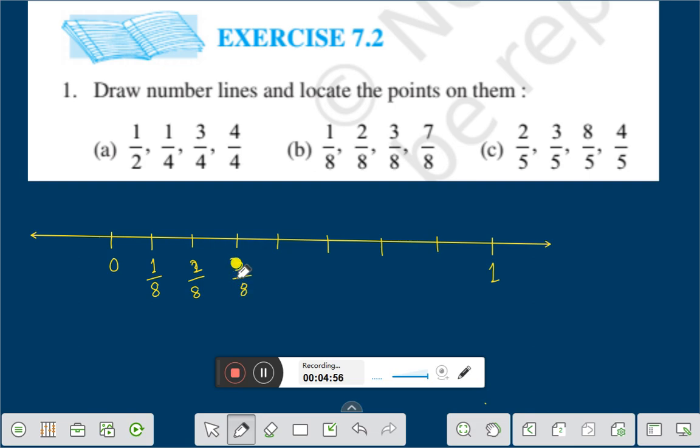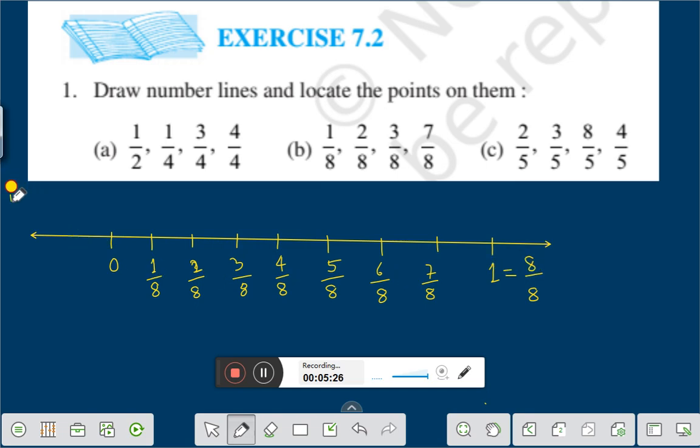This is 4 by 8. This is 5 by 8. 5 by 8. This is 6 by 8. 6 by 8. This is 7 by 8. And this is 8 by 8. 1 is equal to 8 by 8.